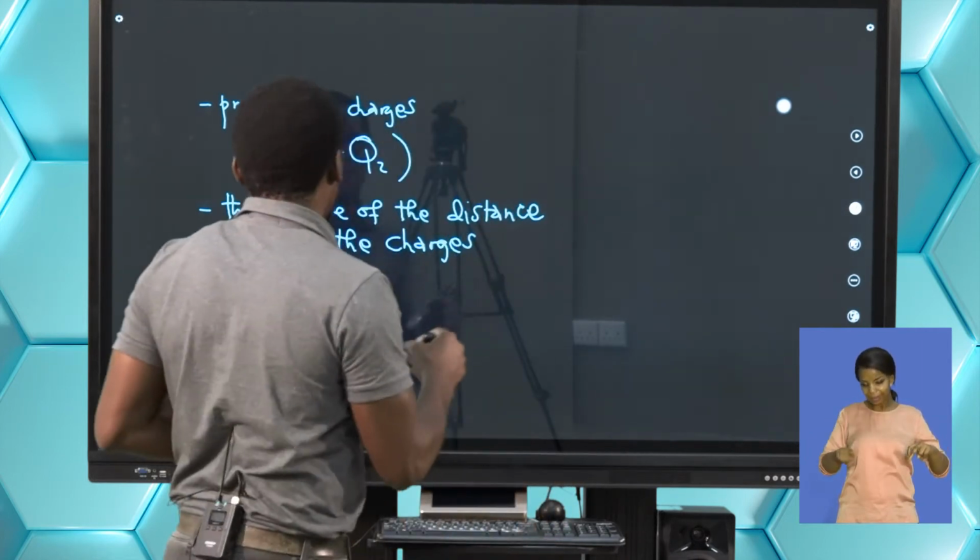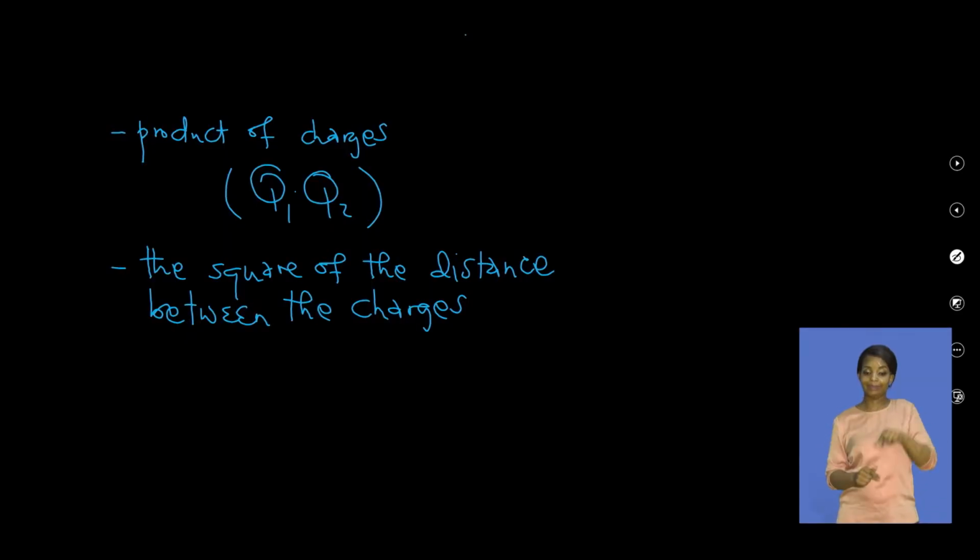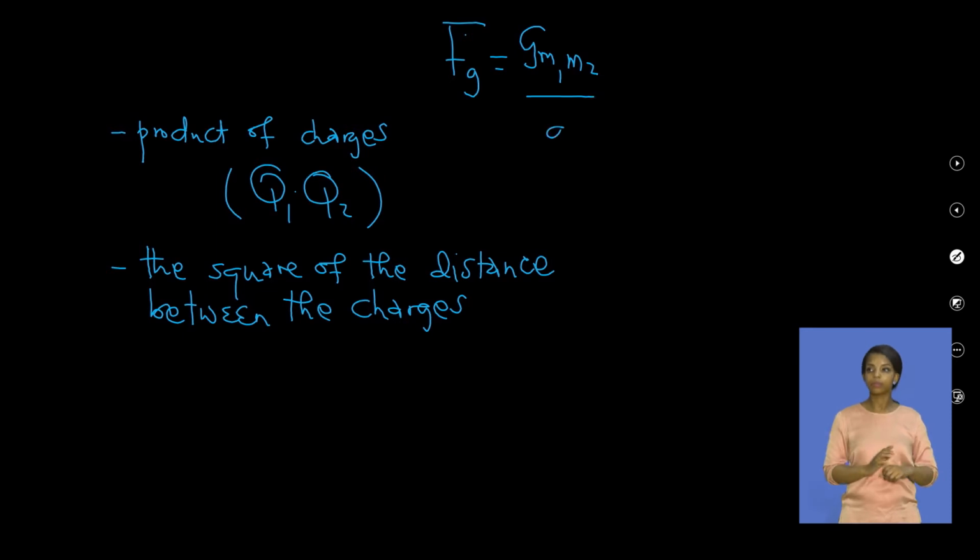So for argument's sake, if we talk of universal gravitation, it is the force of gravity, which is always attraction, which is G m1 m2 over d squared, right? So here it's about the masses. This is the product of masses.